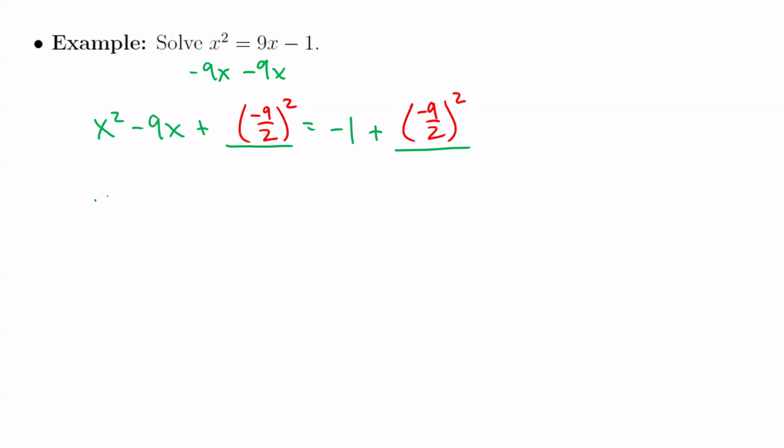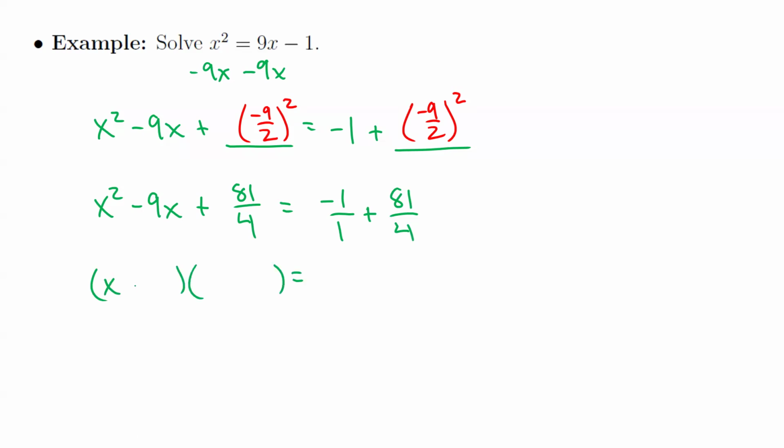So we get x squared minus 9x plus 81 fourths. On the left side, the only way that that factors into something times itself is if it's x minus 9 halves in both factors.